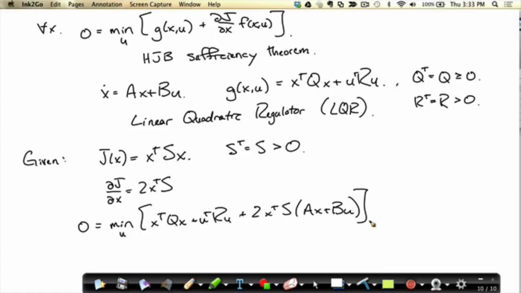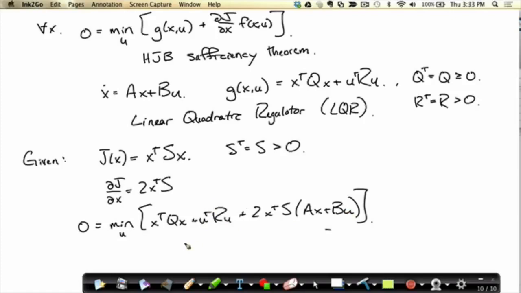Okay, and if we look at its structure here, it's quadratic. This whole term here in the brackets is a quadratic function in U. It's a vector now, but still, it's just a quadratic function in U. R is positive, so it's actually a nice convex bowl in U. So I can find the minimizing U by taking the partial derivative and setting that equal to 0.